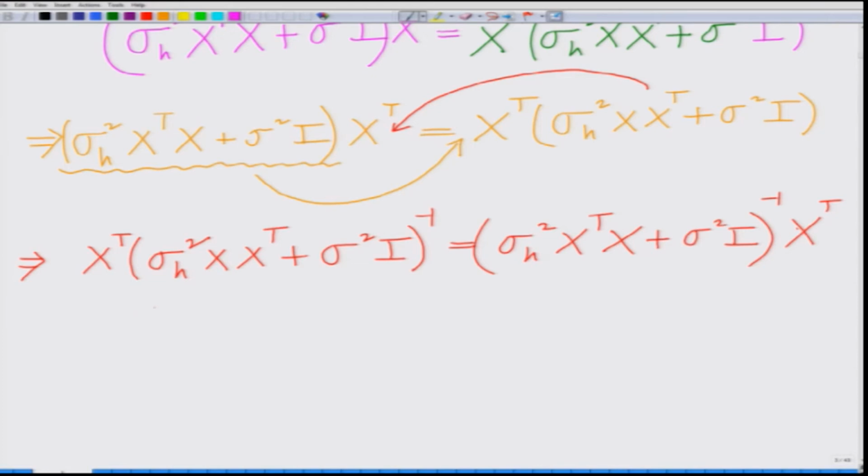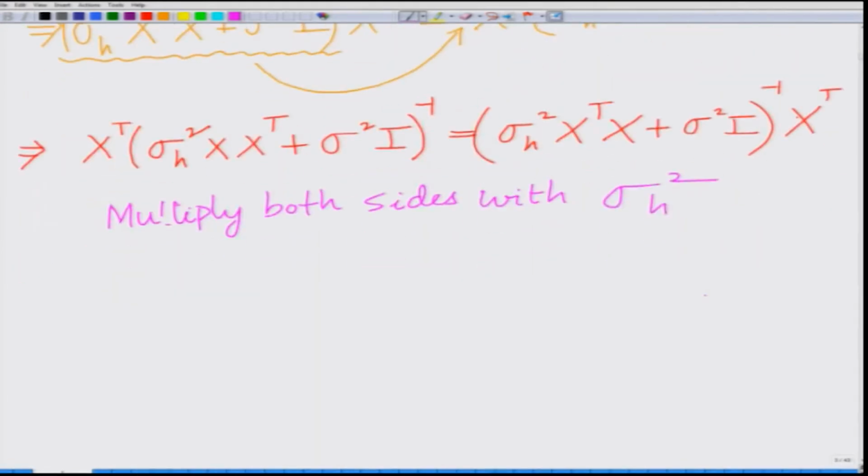Now I can multiply both sides with sigma h square, that is the last step. Of course sigma h square is a scalar, so I can simply multiply both sides by sigma h square.